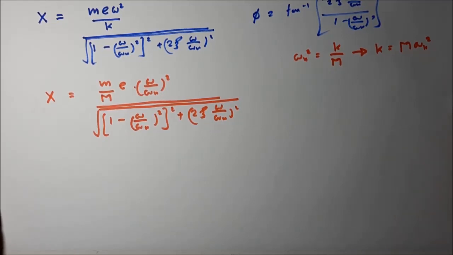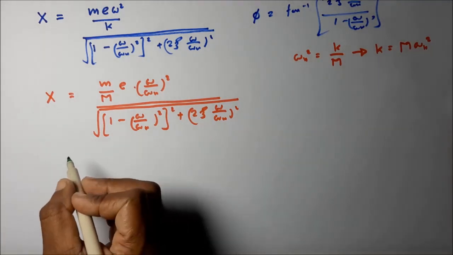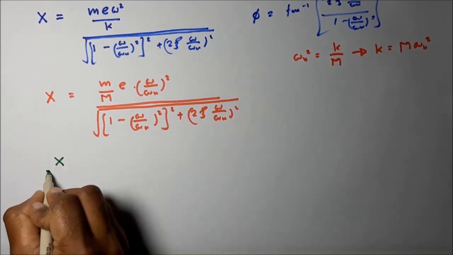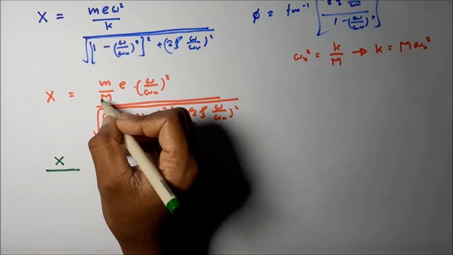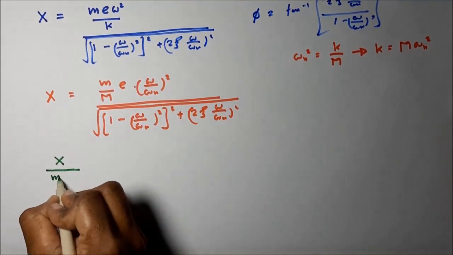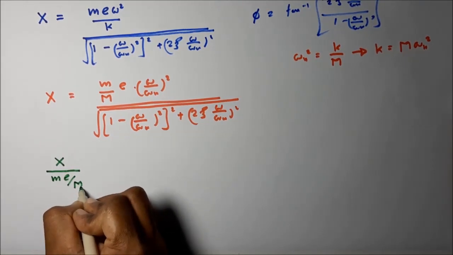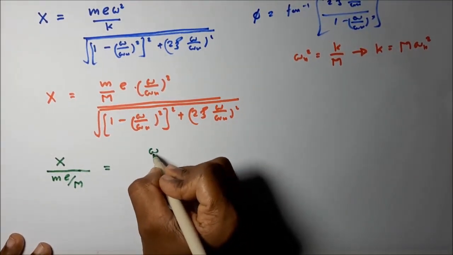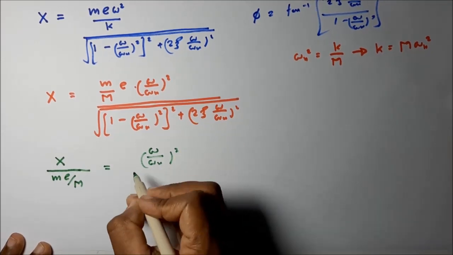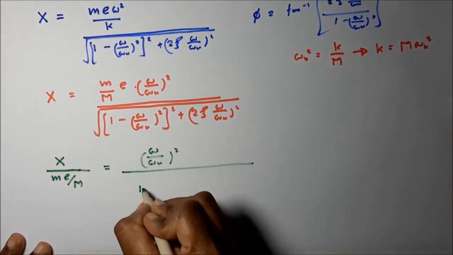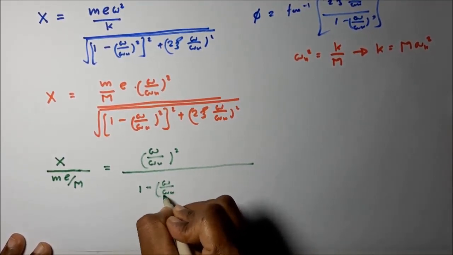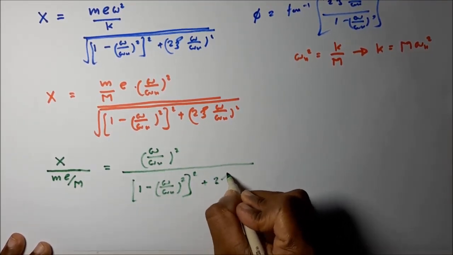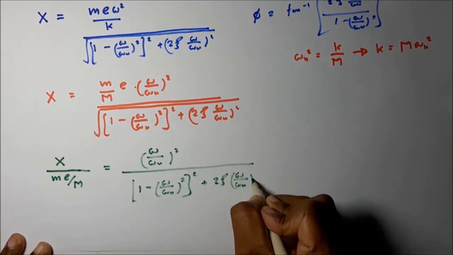I am going to divide X by this term, m e divided by capital M. That is equal to (omega divided by omega n) squared, divided by the square root of (1 minus omega divided by omega n, squared) squared plus (2 zeta omega divided by omega n) squared.